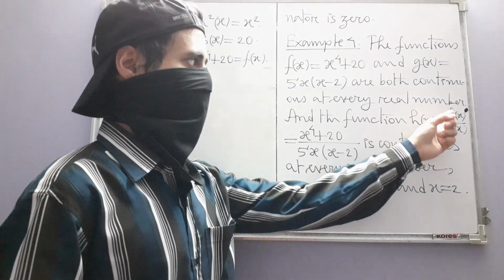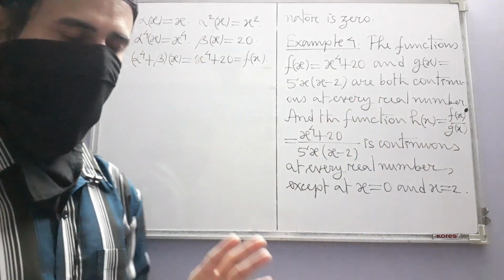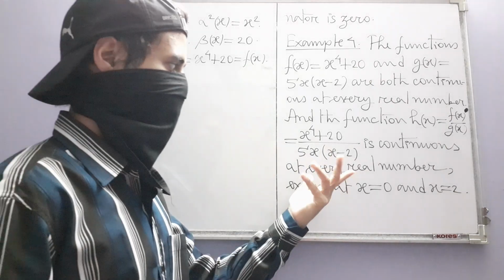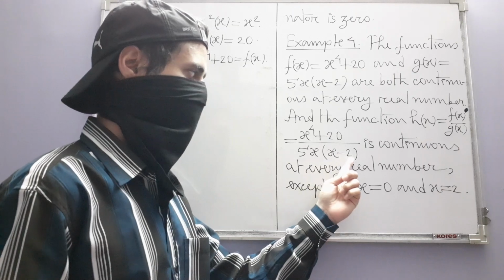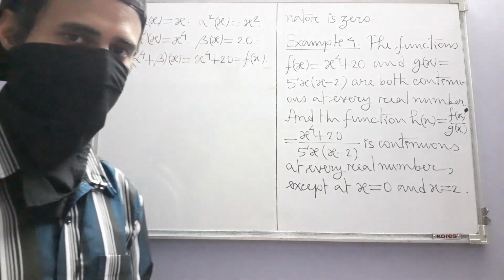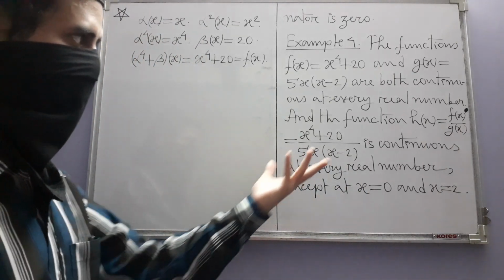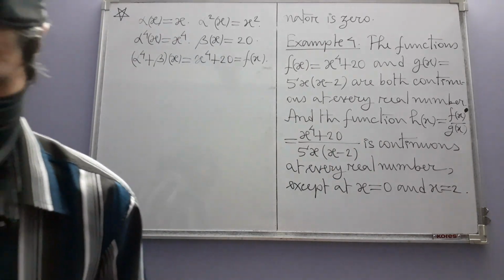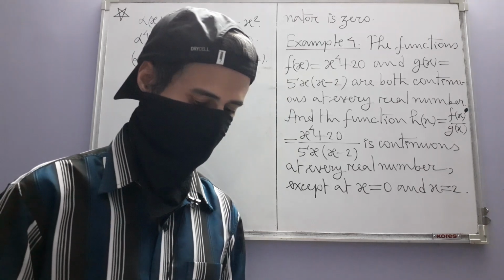And when you take quotients of such things, then they will also be continuous at every real number except at those points where the denominator becomes 0. At those points the function itself is not defined. So that's how this theorem 7 comes.